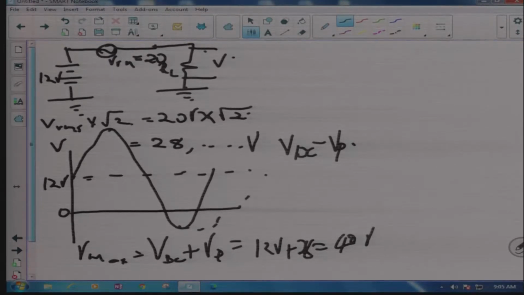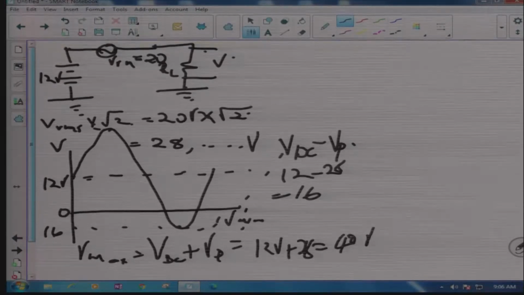This point in here, it's my minimum, V minimum. My VDC is 12 volts minus 28 volts, which gives me something in the region of 16 volts. Now that voltage there, it's 16 volts. That voltage there, it's 40 volts, sorry, 40 volts.